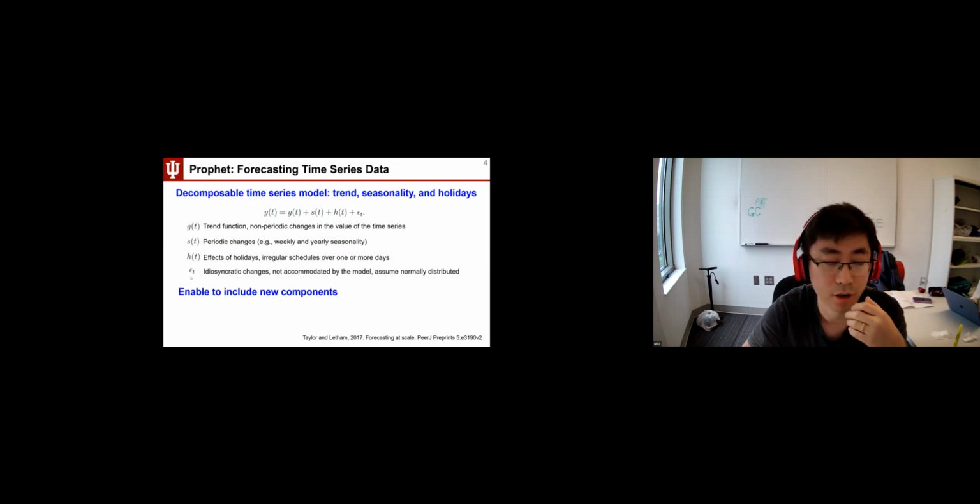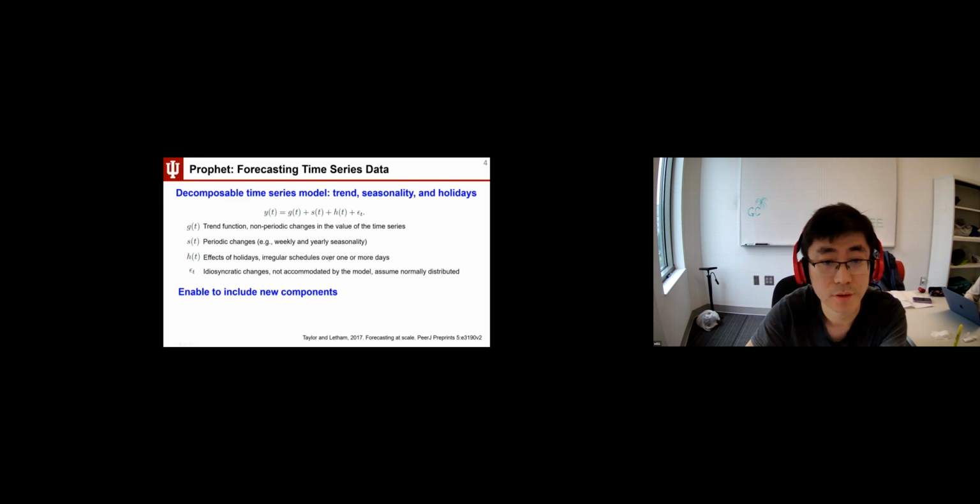It is also possible to include new components in this model, in this equation. And this epsilon t represents whatever is not accommodated by the model. We assume this epsilon t is normally distributed.